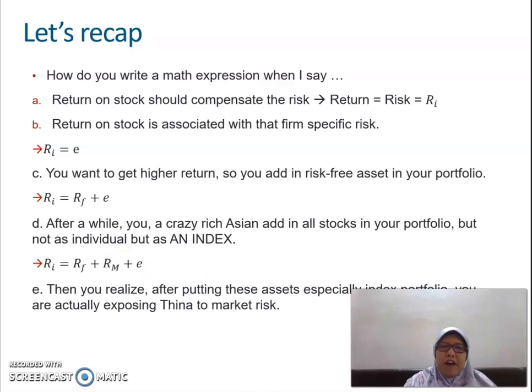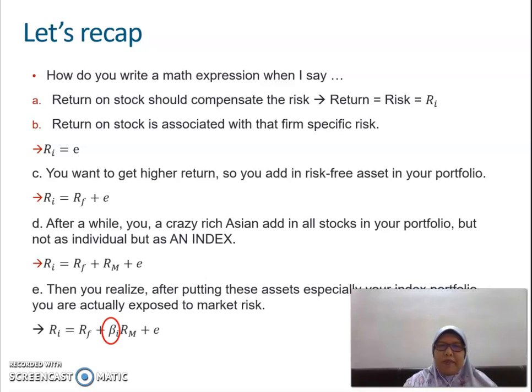Then you realize after putting these assets, especially the index portfolio RM, you are actually exposing Tina to market risk. Now write a math expression on how you put it. Okay, so you should basically have this one.